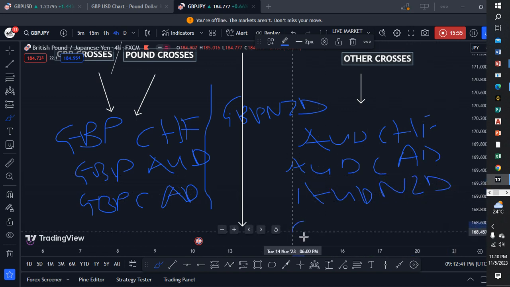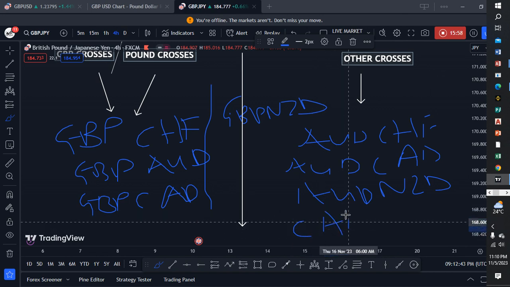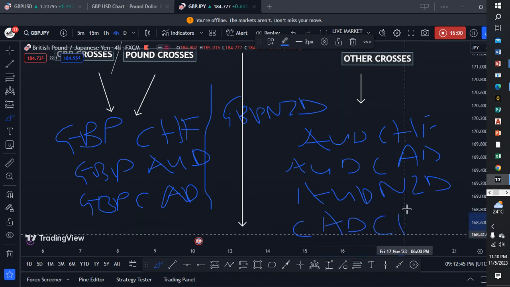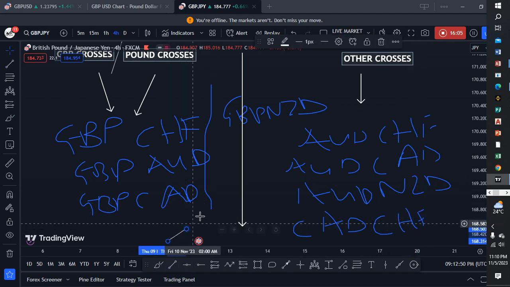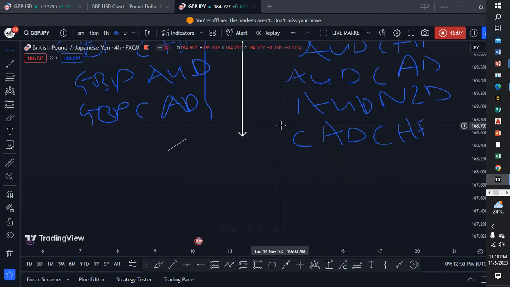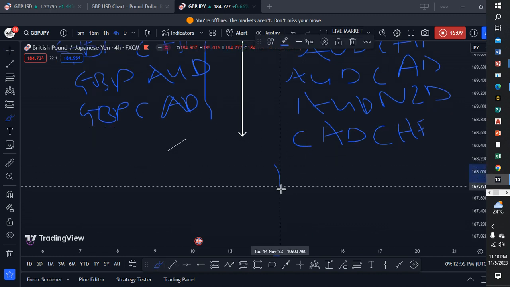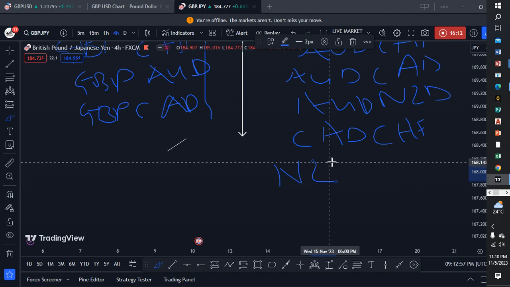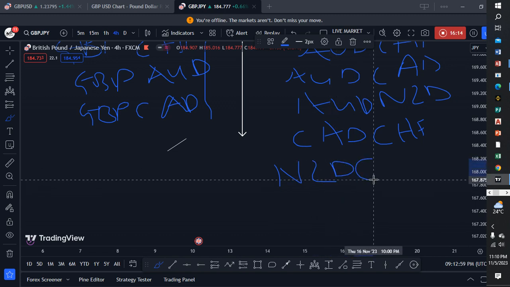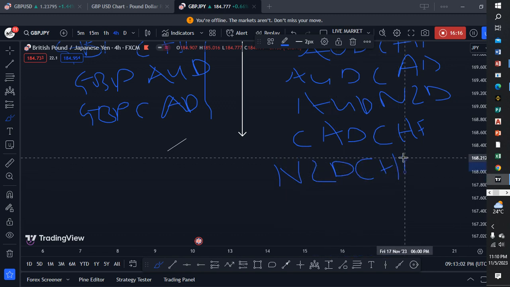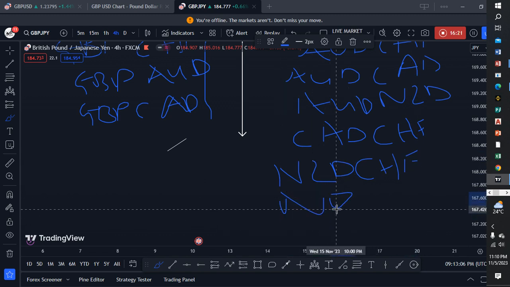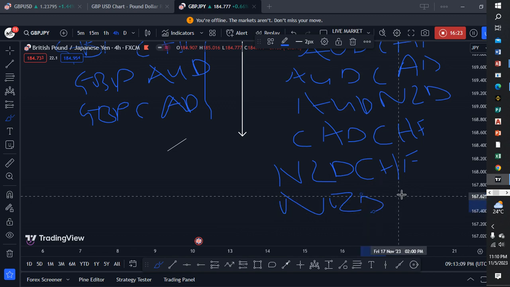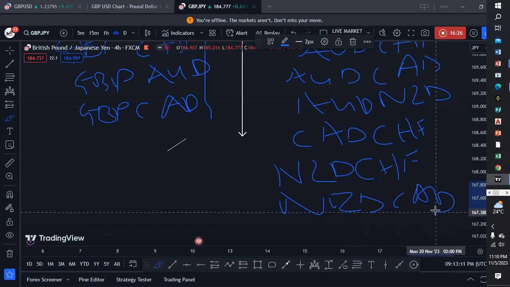You also have the CAD and the Swiss franc, and we have also the New Zealand dollar and the Swiss franc. We also have the NZD and the CAD. This is an example of other pairs.